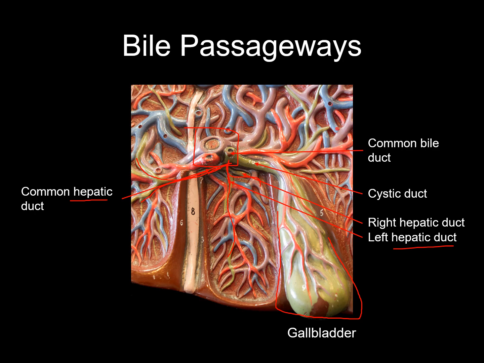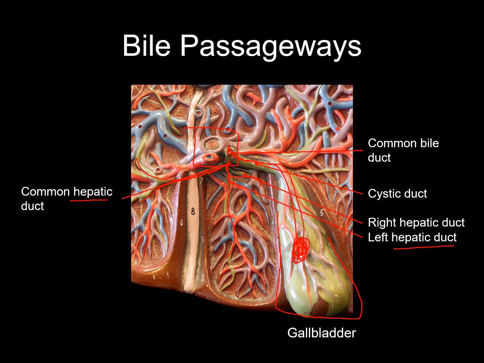They drain here, and they're all going to merge right at this common bile duct. So they're either going to leave the liver via that common bile duct, or go up through the cystic duct and be stored in the gallbladder.